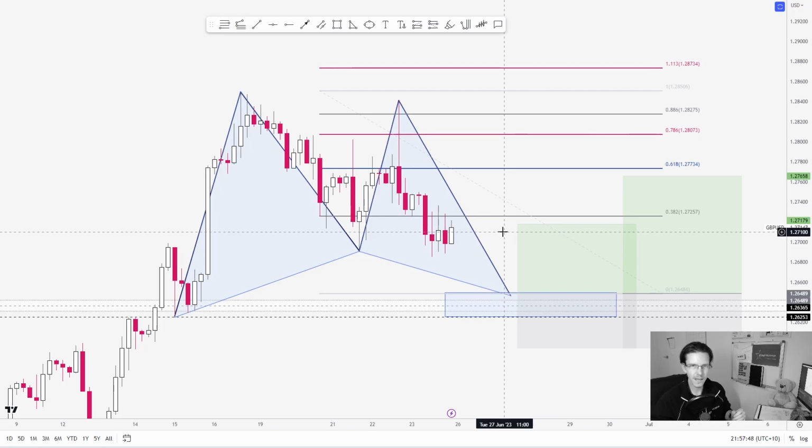So trading doesn't have to be overcomplicated. We keep it simple. That's what we want to do. One strategy, one time frame, one pair, and then trade it over and over and over again.